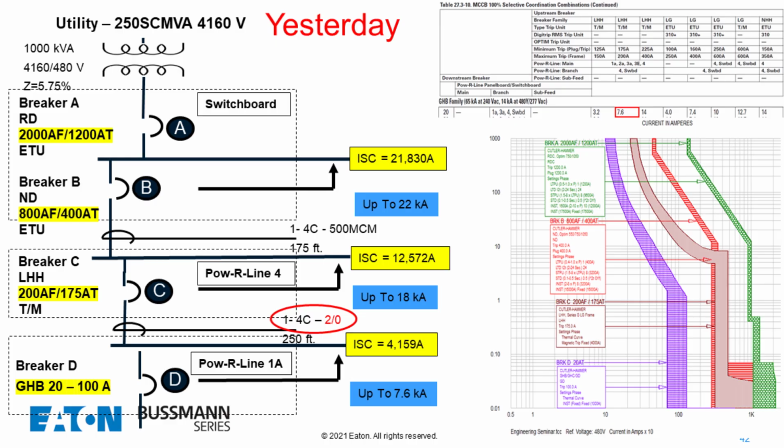Up at the right-hand side, we have the circuit breaker charts. I know it's the little eye chart, it's tough to read, so if you can blow it up a little bit, or get closer to your computer.